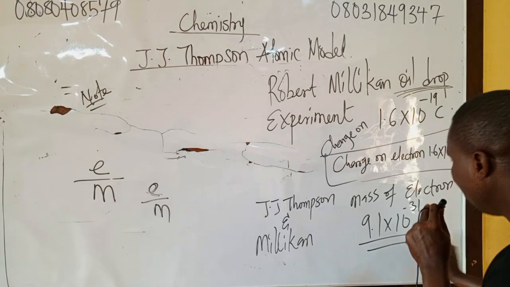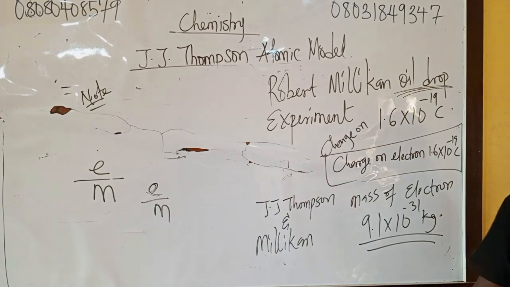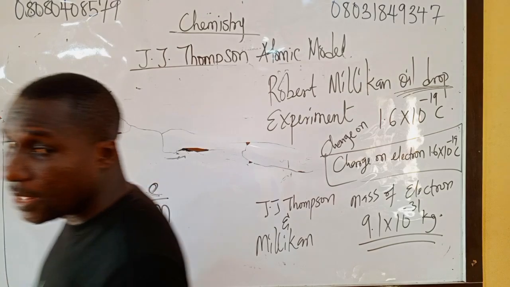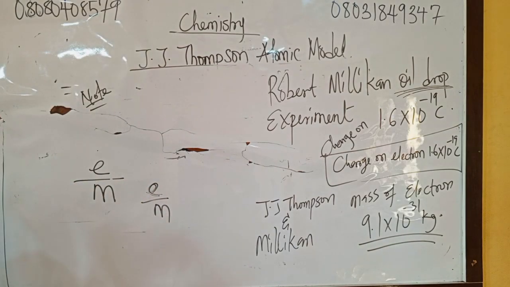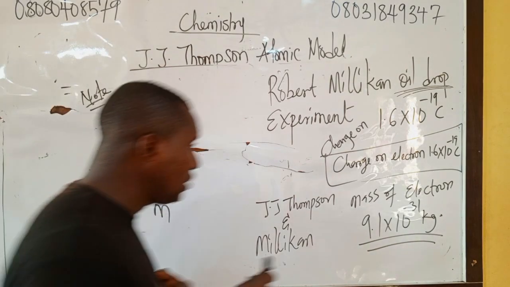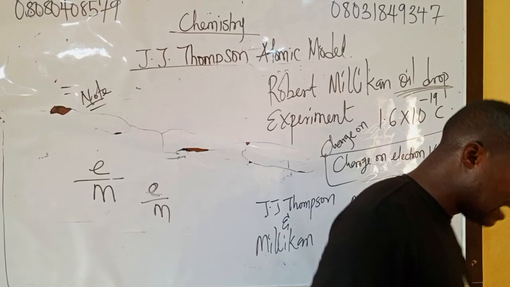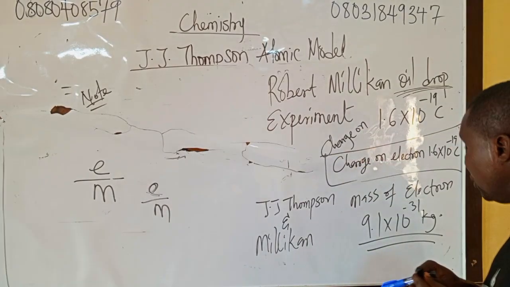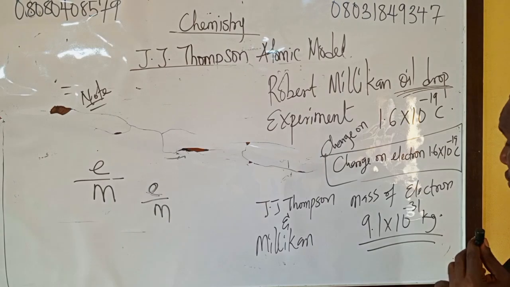Take note of that. They both discovered the mass of the electron. That means J.J. Thompson and Robert Millikan both discovered that the mass of the electron is 9.1 times 10 raised to the power minus 31 kilogram.